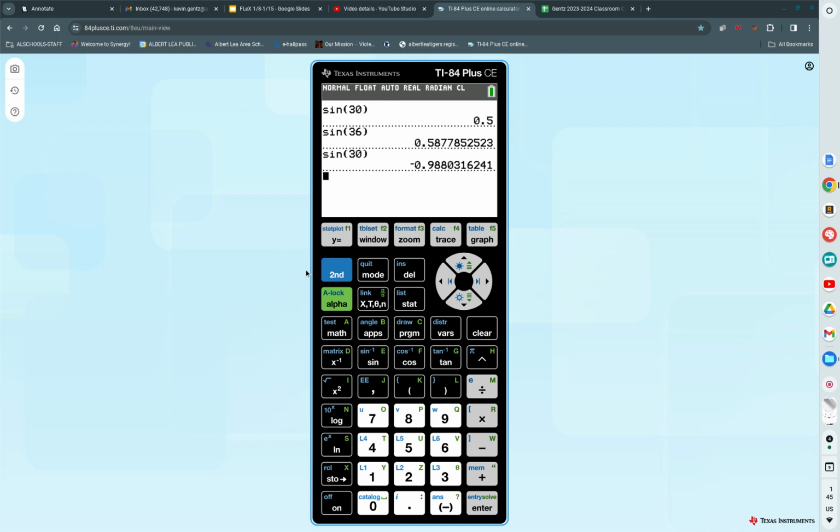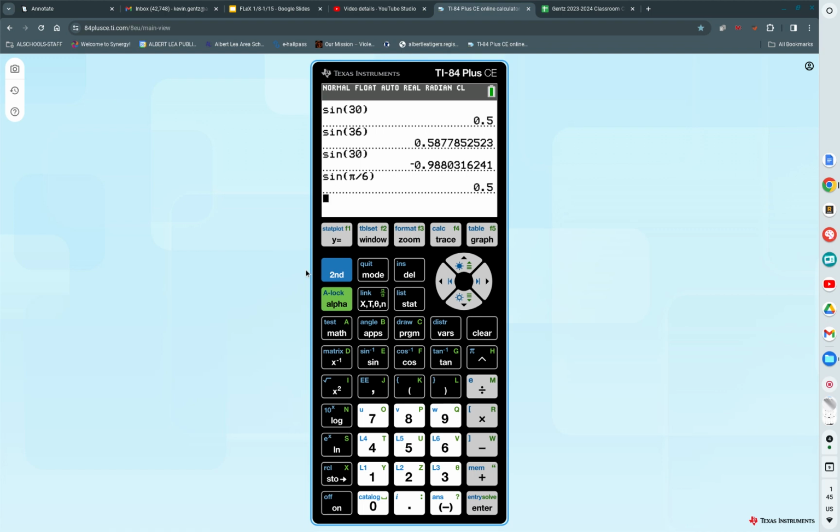So this is clearly wrong. Whereas 30 is the same as what in radians? So if I type in pi over 6, I do get that 0.5 value. So notice sine of 30 in degrees gives you 0.5, and sine of pi over 6 in radians gives you 0.5. Everybody clear?